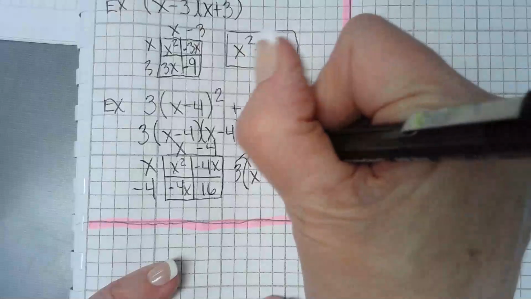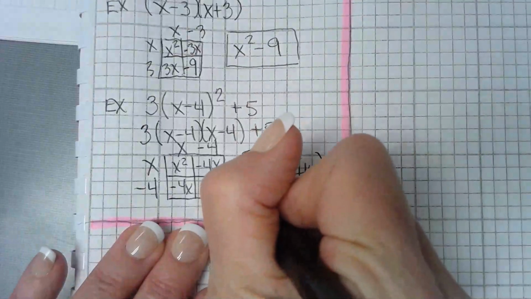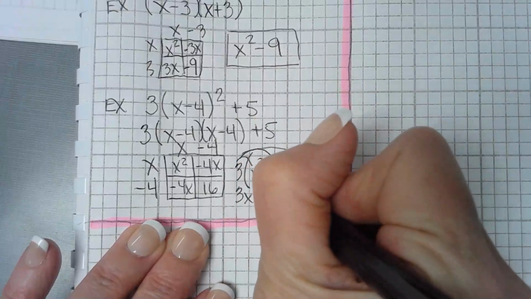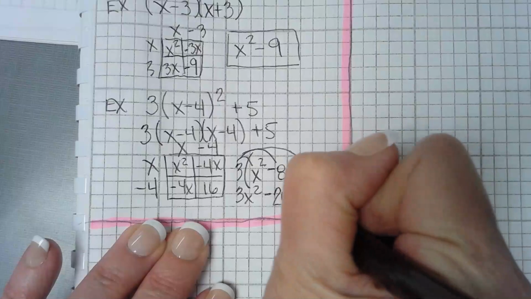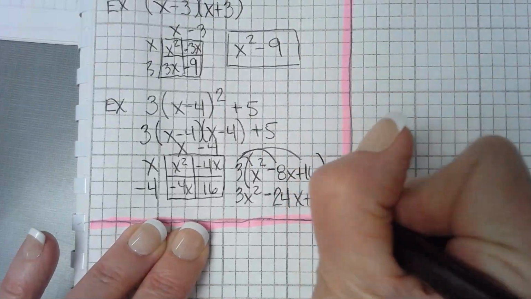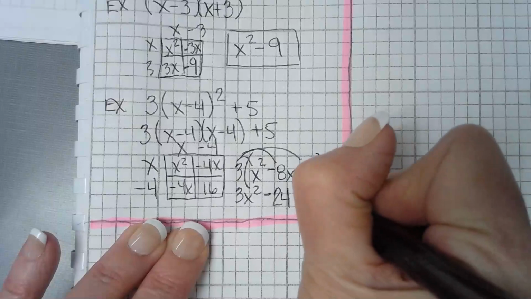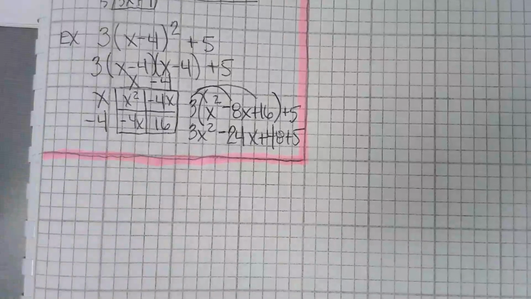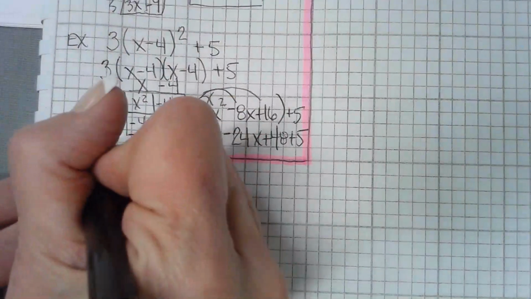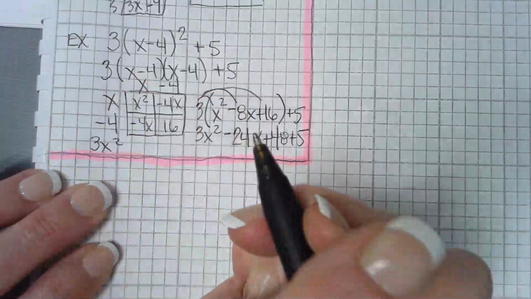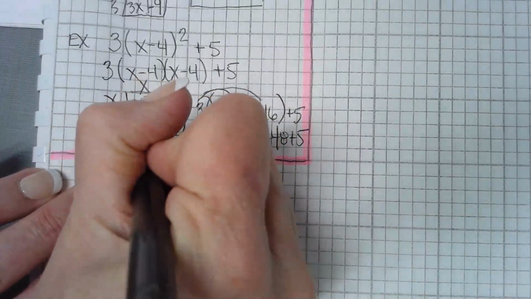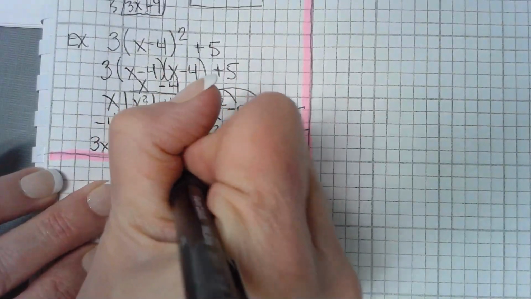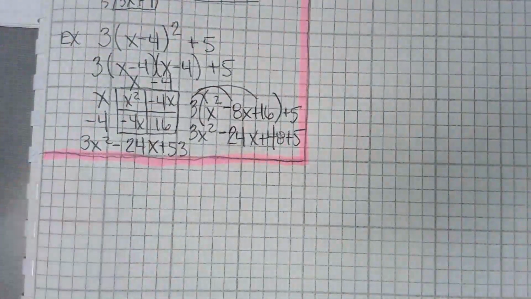So we're going to distribute here. 3 times x squared is 3x squared. 3 times negative 8x is negative 24x. 3 times 16 is, let's see, 48. And then I'm going to add 5. So the final answer is 3x squared minus 24x plus 53, I'm pretty certain.